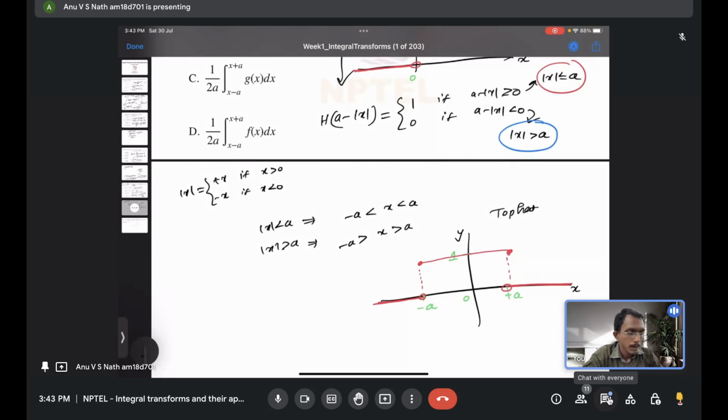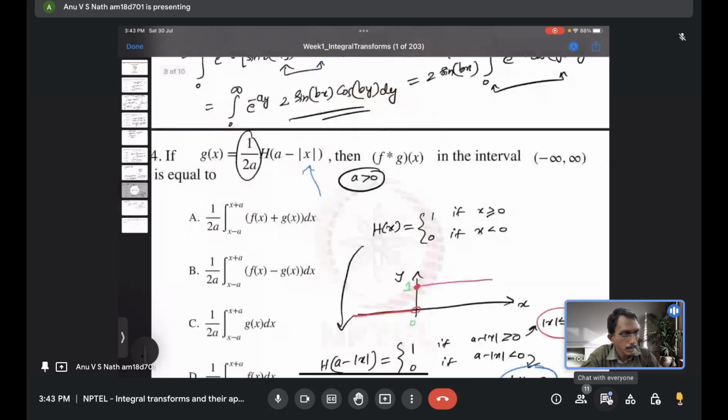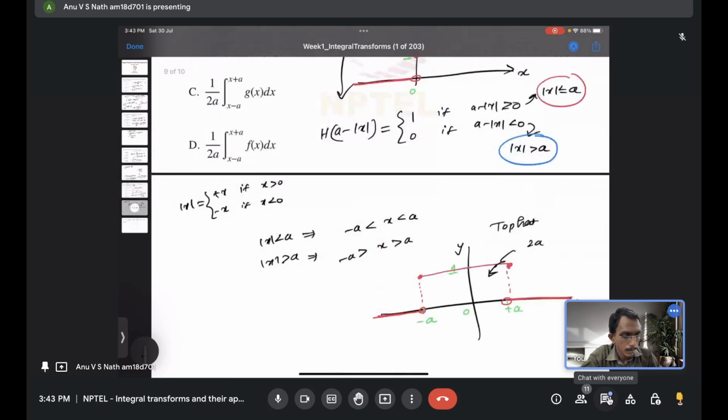The area inside this graph is actually 2a. But if we have scaled it properly with the 1 by 2a, and plotted exactly g of x, then the area will be 1 by 2a, which is the height, times the width, which is just 2a, so that area will be 1.